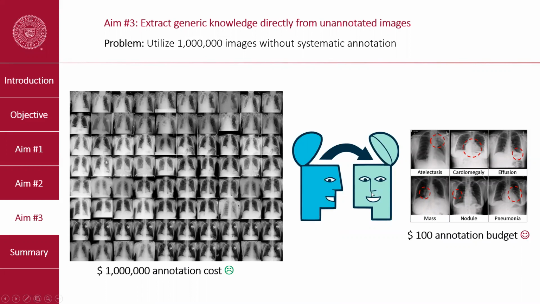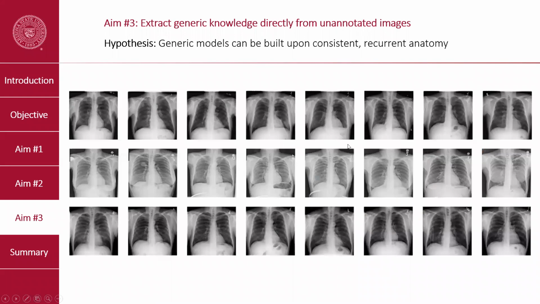Now, how to extract this generic knowledge? We observed that medical images are embedded with consistent and recurring anatomical structure. So we hypothesize that using this information, we can empower deep models with generic and transferable image representation.